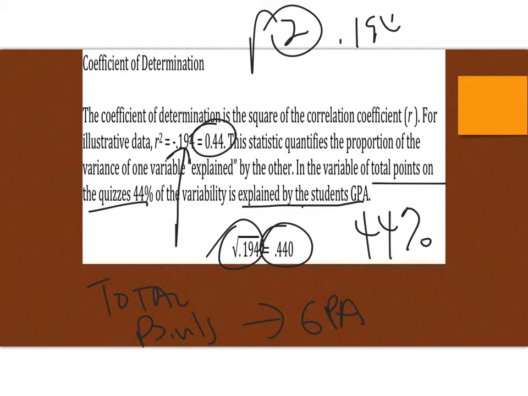That's what we're looking at overlapping. So if we overlap the two, we're going to come up with 44% of the variability between the two actually being super correlated. I like to call it super correlated.